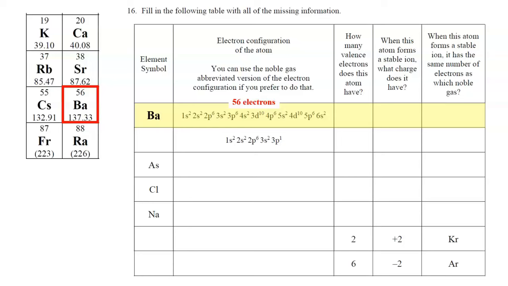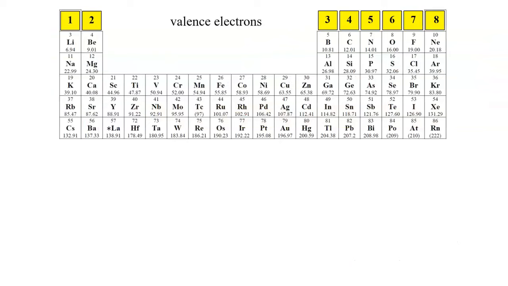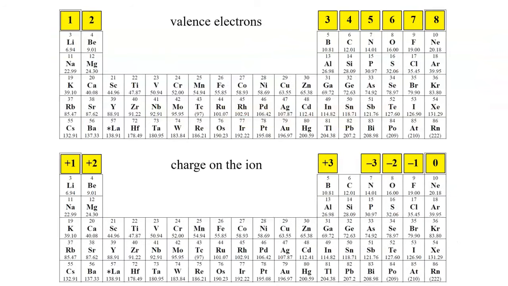Now, for the other columns of this table, it asks, how many valence electrons does this atom have? And when this atom forms a stable ion, what charge does it have? I'll start with those questions. So this is the pattern that you have learned in terms of valence electrons and the charge when that atom forms a stable ion.